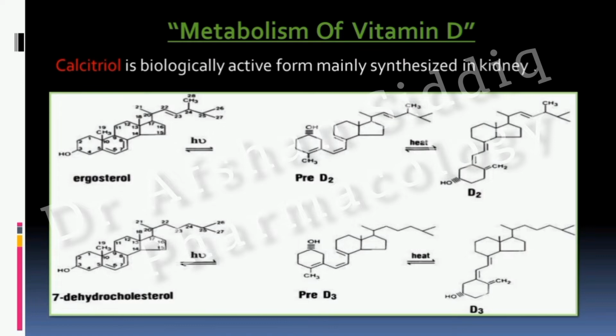About 85 to 88% is transported bound to DBP, while 12 to 15% is transported bound to albumin. So the major portion is transported with the help of DBP.